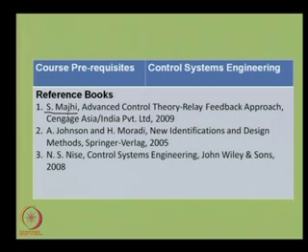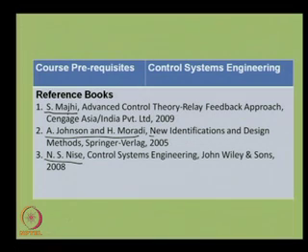The next reference book would be New Identifications and Design Methods, authored by A. Johnson and H. Moradi, published by Springer Verlag in 2005. The next book would be Control Systems Engineering, a basic level book, authored by N. S. Nise and published by John Wiley and Sons in 2008.